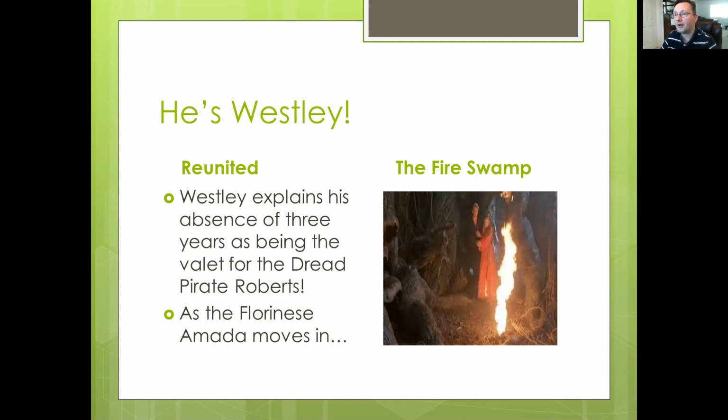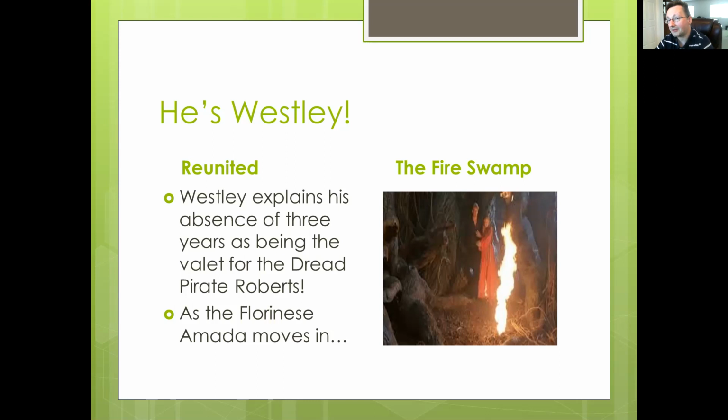But the fire swamp is incredibly dangerous, and in fact is a nightmarish place that causes the children of Florin and Gilder to behave. But nevertheless, it still is a particularly deadly area.